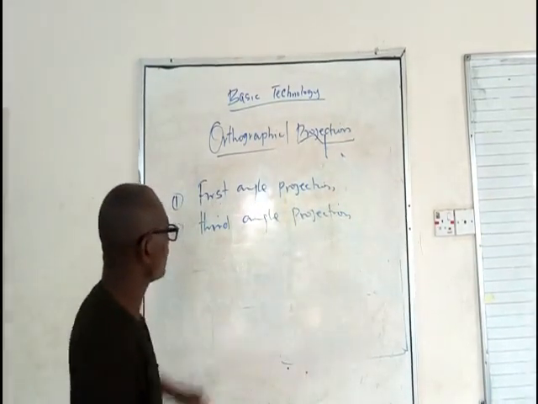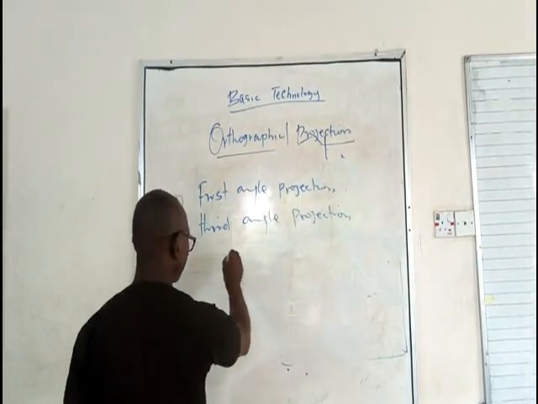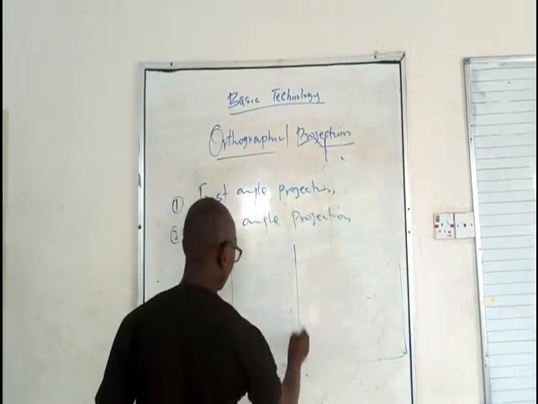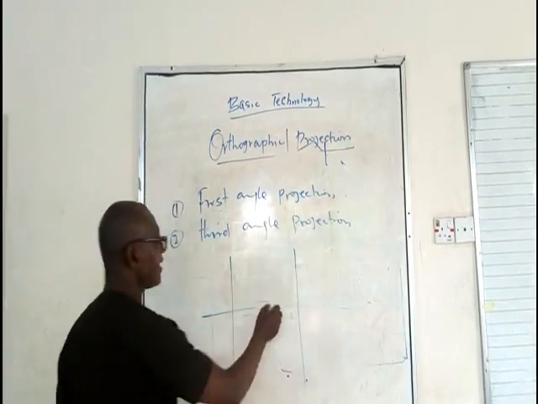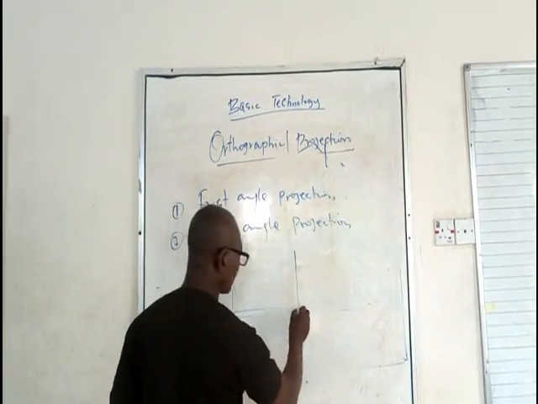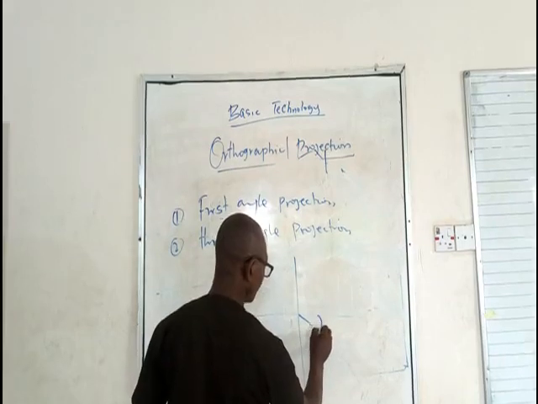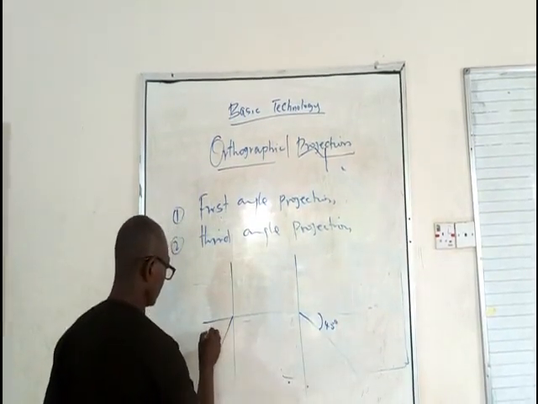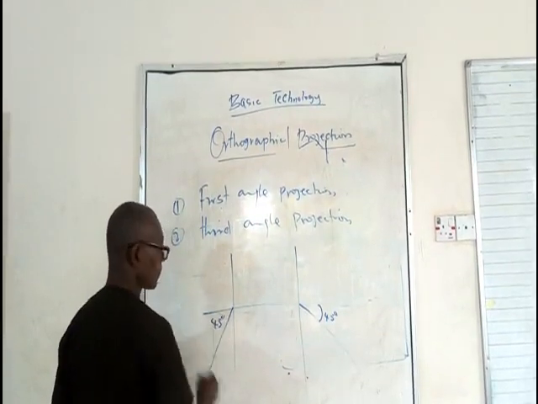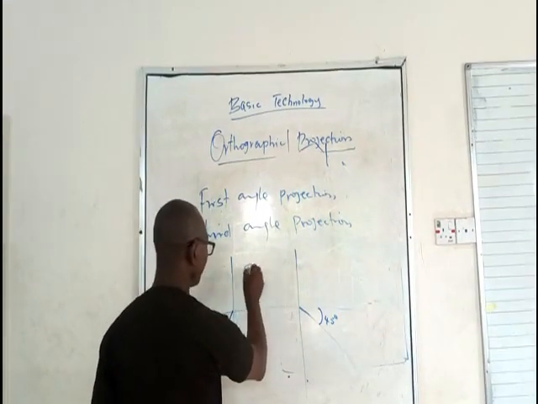In the first angle projection, this will always be an angle of 45 degrees. Here you have the front.